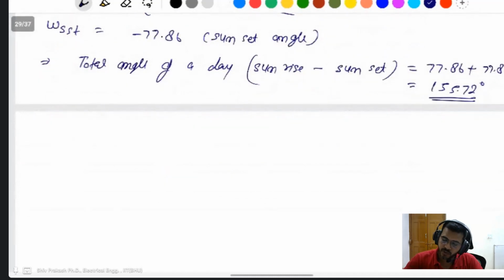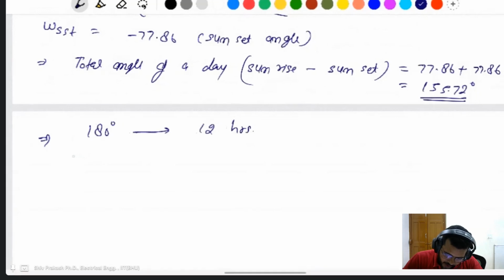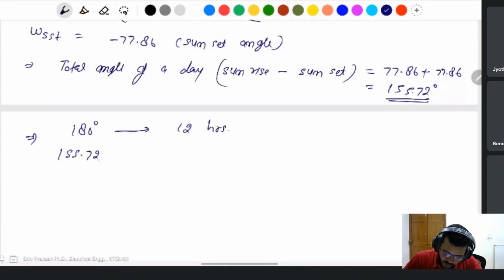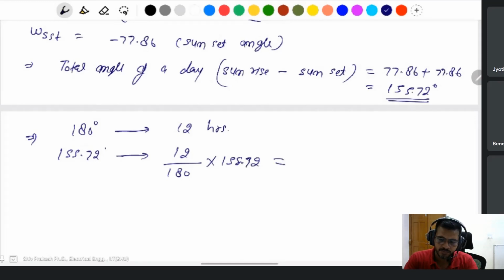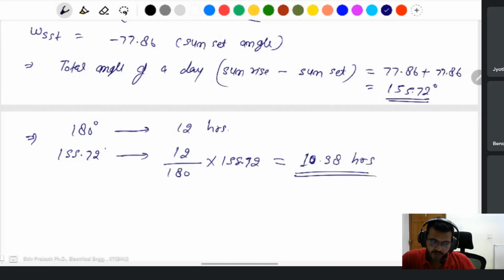Now the maximum is 180 degrees, and 180 degrees is equal to 12 hours. Then for 155.72 degrees, it will be 12 divided by 180 degrees into 155.72 degrees, which is 10.38 hours. So the day is 10.38 hours.